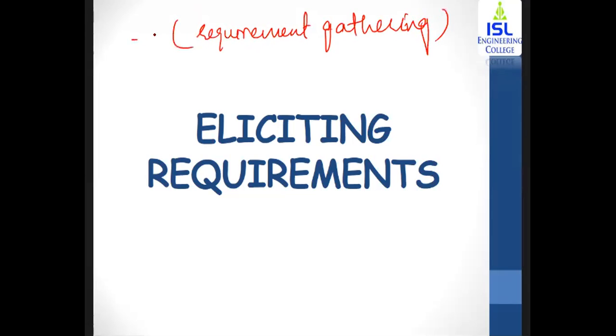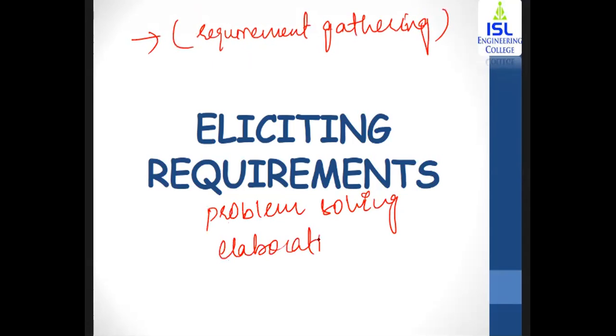Now, whenever you're gathering the requirements, what are the different steps that you're going to perform? That is, you're going to focus upon problem solving. You might elaborate the different ideas that were posed by the customer. You might negotiate a few ideas, and you're going to make a specification.